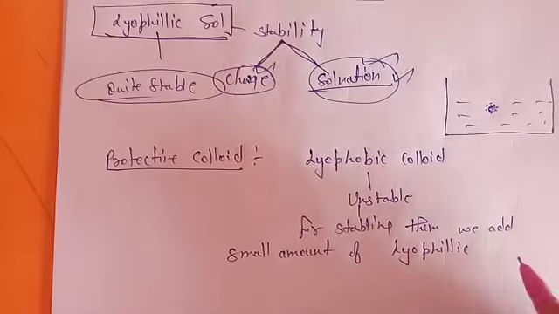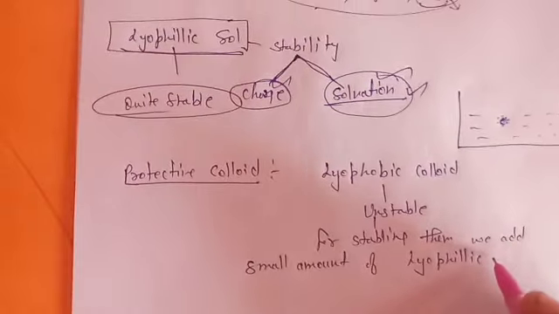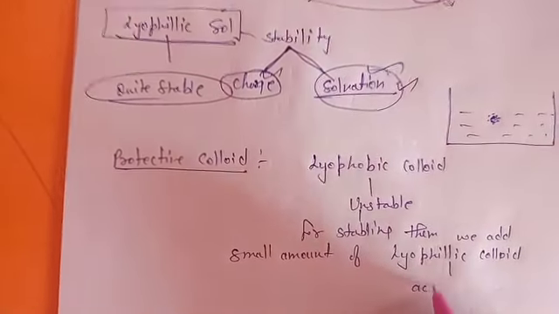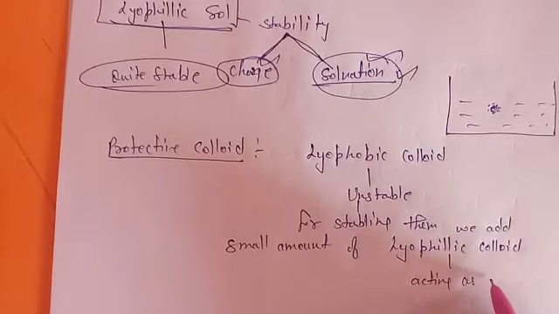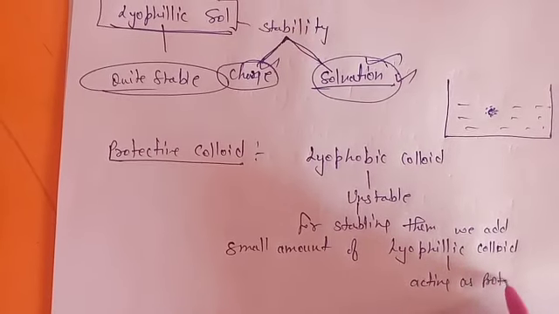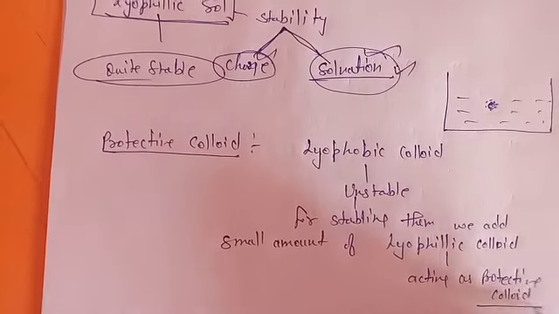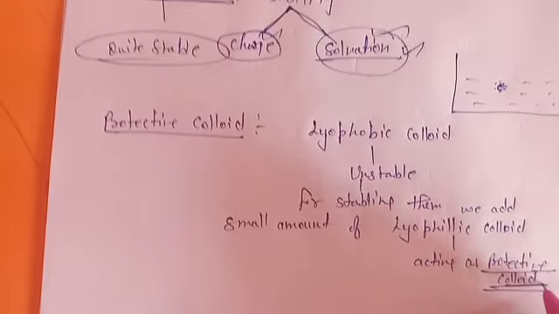It will help them retain stability. So that's why lyophilic colloid acts as a protective colloid. At that time its action becomes that of a protective colloid. Okay, so that's the last topic, protective colloids.